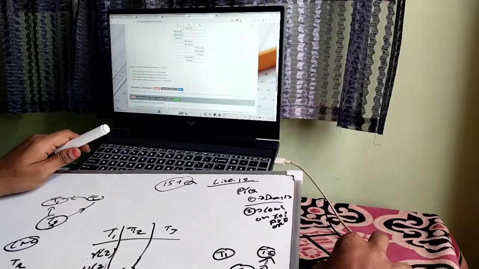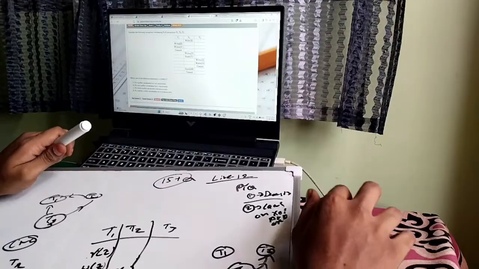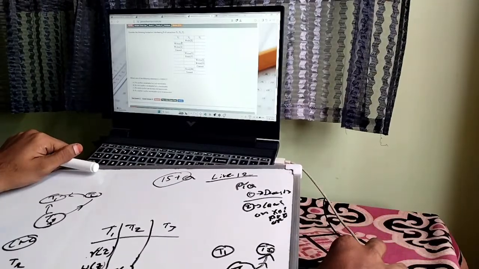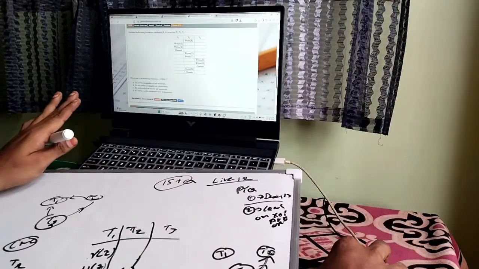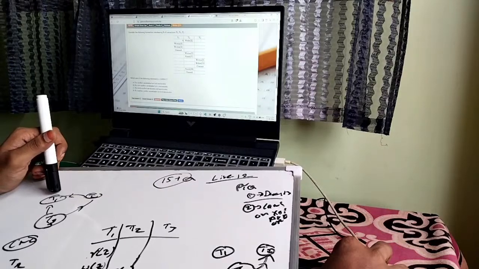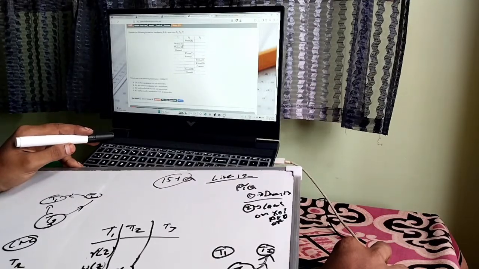S1, right? Is the cycle present or not? T1, T2, T3. Here the cycle is present. Yeah, it's purely my mistake. I'm sorry. I have mentioned T1 to T1.